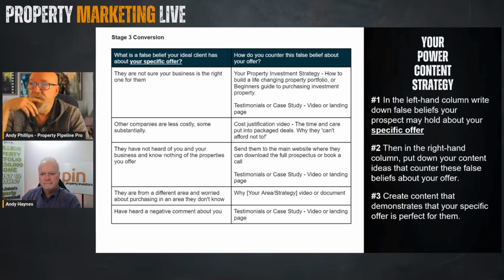But again, it's why they can't afford not to, because as most people know, if you've ever done deal sourcing, you know that the time and effort that goes into understanding the area, knowing that inside out, understanding what parts of that area are going to be really good for doing things like HMOs or refurb and flips, or whatever strategy your clients are going for, to have an understanding of that. That's taken a long time.